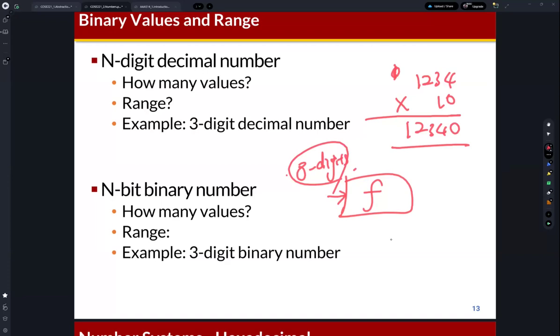Then we cannot give 9 digits of binary data to this hardware, because it is fixed and implemented for handling only 8 digits. That's why we need to consider the range of a binary number, or the range of numbers, in a hardware system, right? You understand?